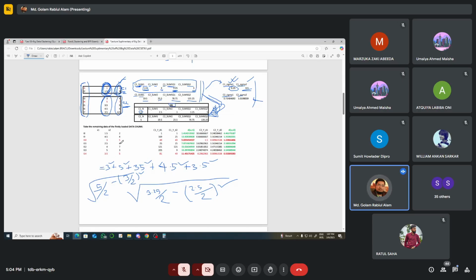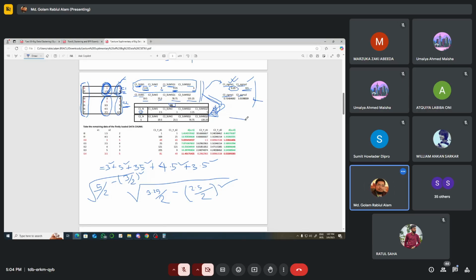And now you can see what we have to do next. We already got the DS, and we store the statistics of the DS, and we have the standard deviation with respect to the first dimension and the second dimension of cluster 1 and cluster 2.